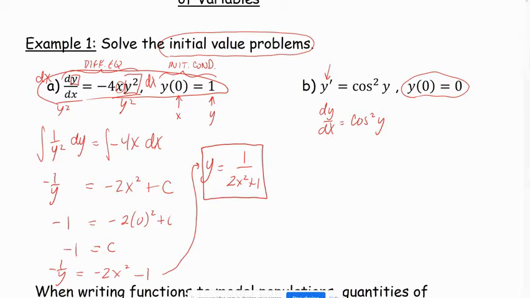Okay, so we have these y's that we want to get together, and so if we divide both sides by cosine squared y and multiply both sides by dx, we'll have 1 over cosine squared y dy equals dx. And then we can integrate both sides of that, and I'm going to rewrite the 1 over cosine squared as secant squared.